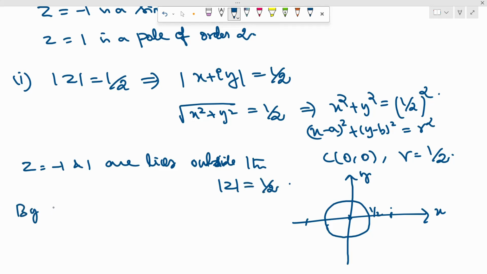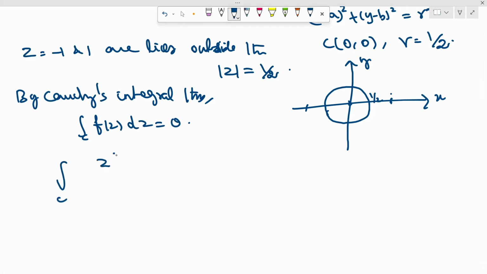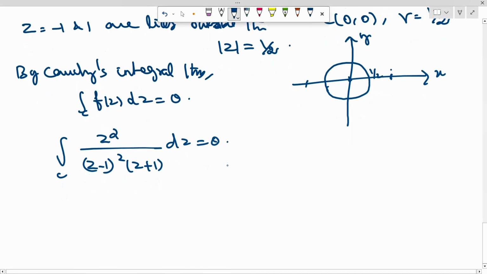We know the statement of Cauchy's integral theorem: the integral over C of f(z) dz is equal to 0. So the integral over C of z squared by (z minus 1) whole squared into (z plus 1) dz is equal to 0.